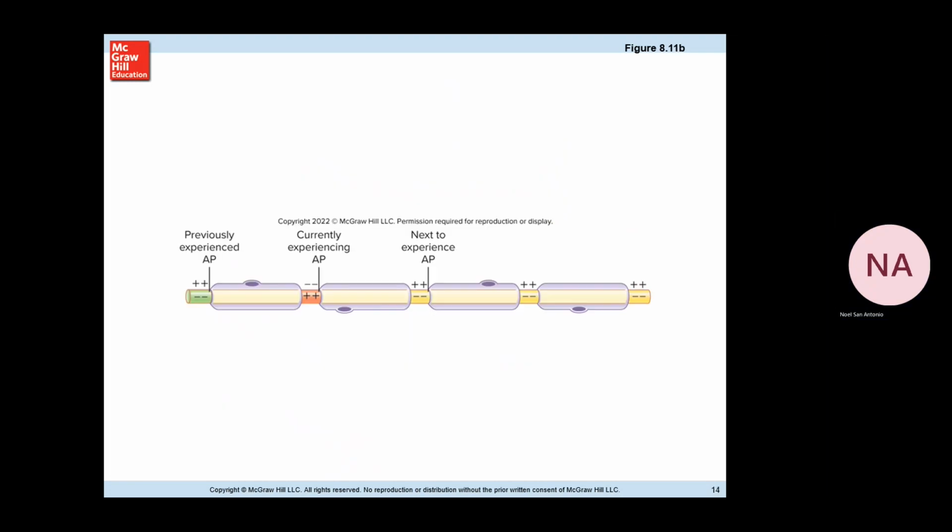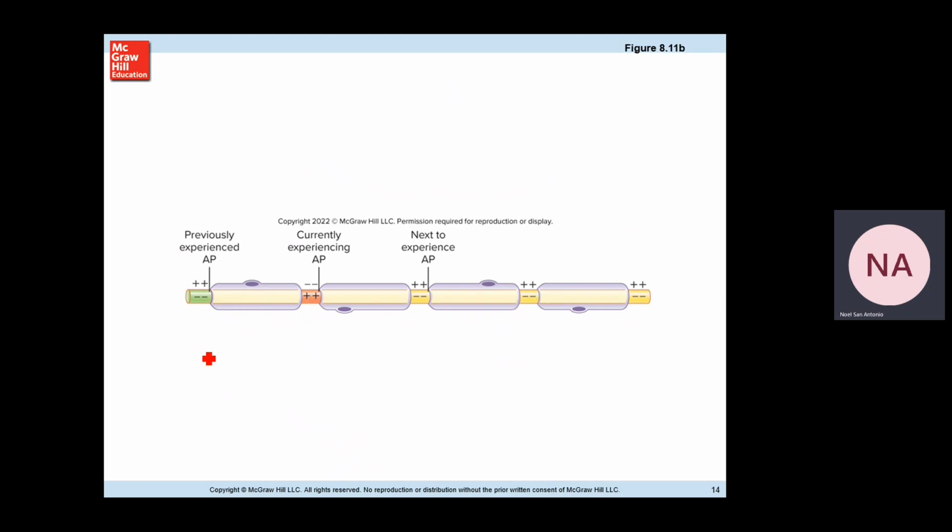Now, when an axon is myelinated, just like what you see in the picture, it has a myelin sheath that covers the length of the axon. But not the entire length of the axon is covered by myelin sheath. There are nodes that are still exposed.